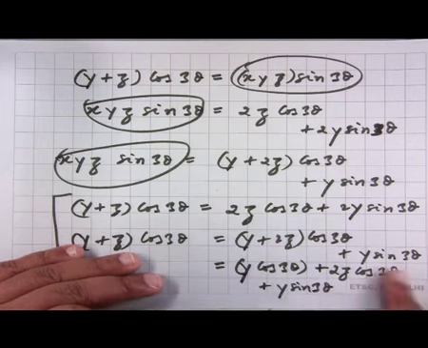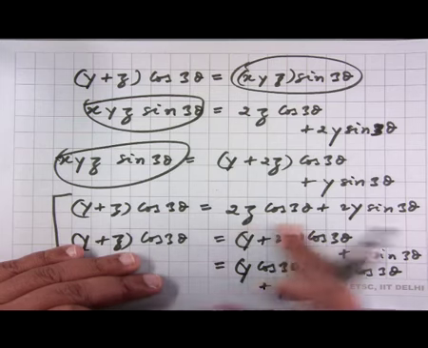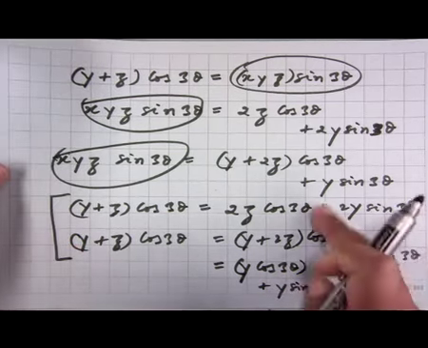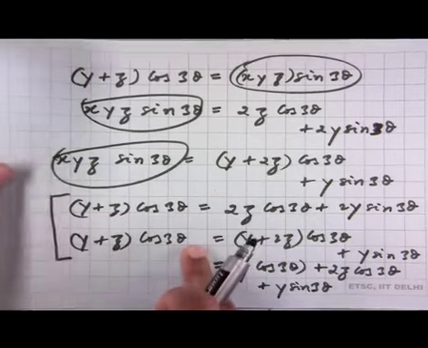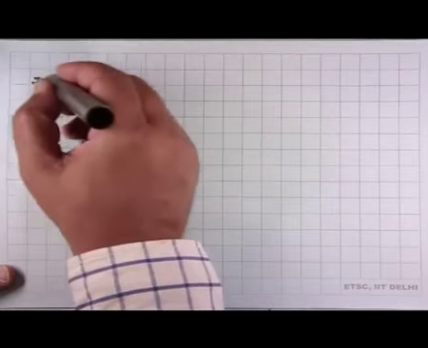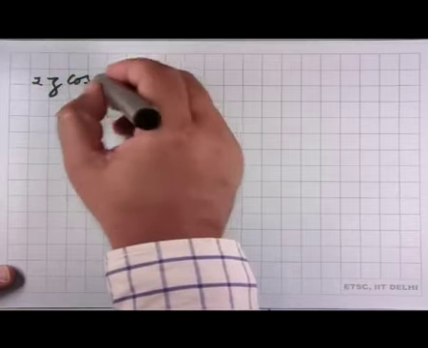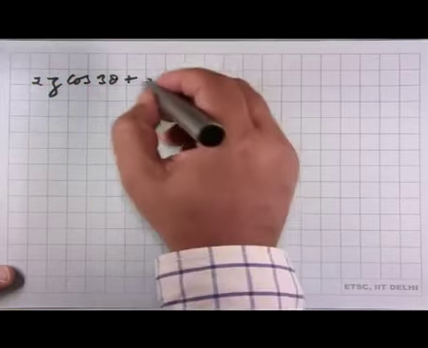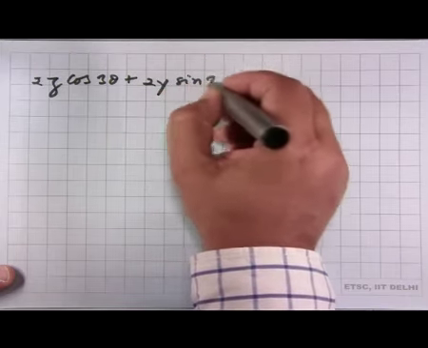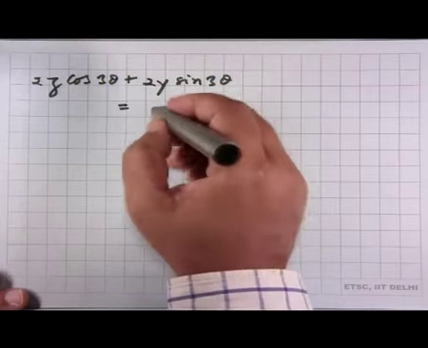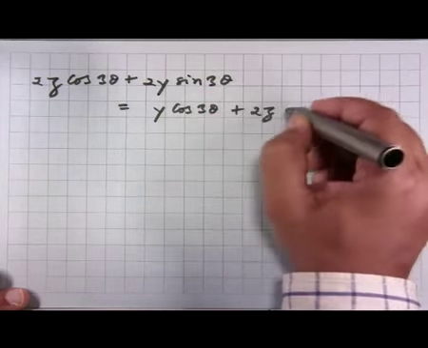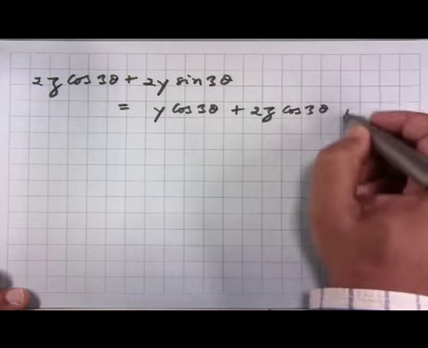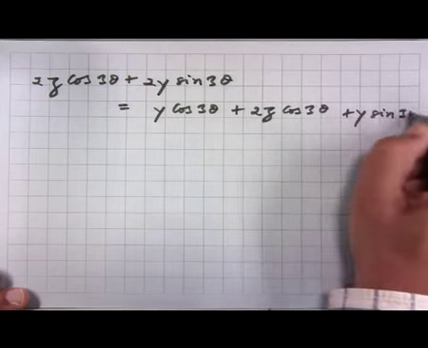Since this entire right hand side has to be equal to the right hand side here, because both of them are equal to the same quantity, which is y plus z into cos 3 theta, eventually what we get is that 2z cos 3 theta plus 2y sine 3 theta equals y cos 3 theta plus 2z cos 3 theta plus y sine 3 theta.